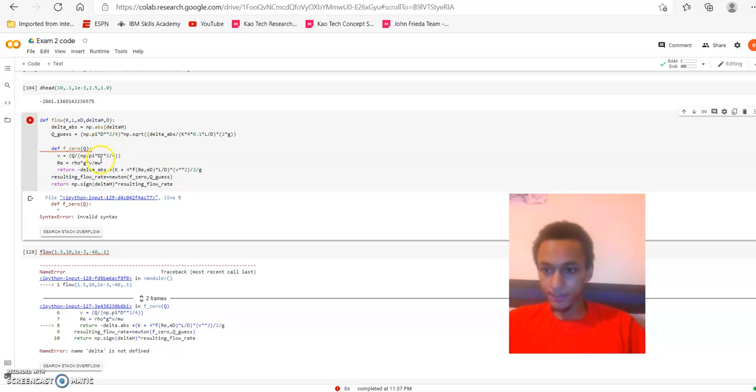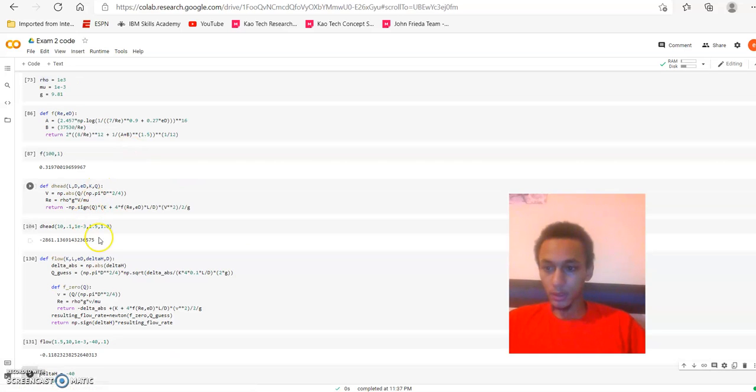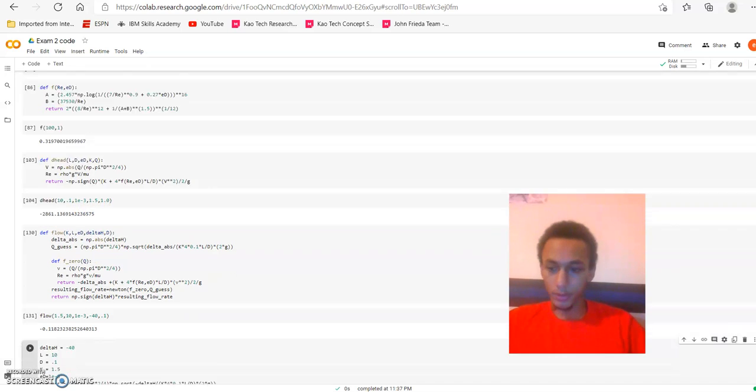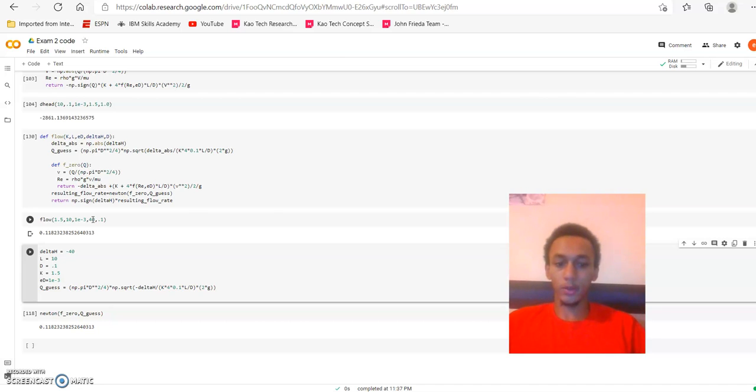It means it's up here somewhere. So, yep. And let's see if I change this to 40, it should give me a positive number. And it does. So it works the way we want it to work.